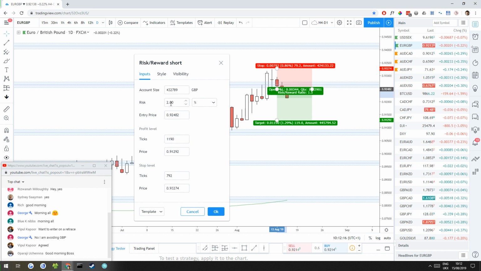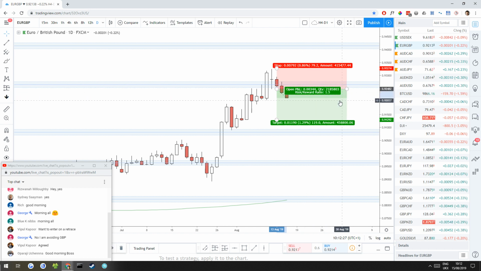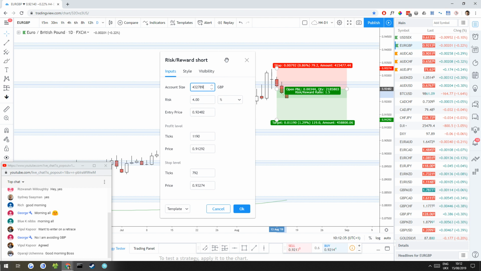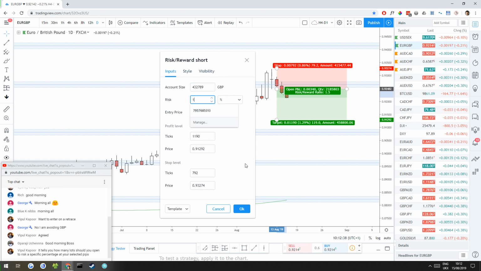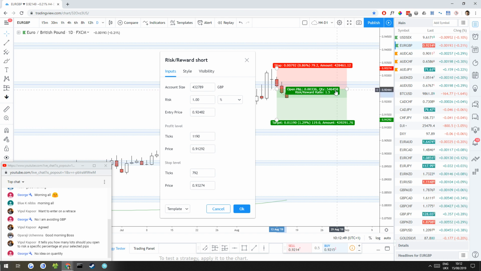Oh, it's not awesome. It's pointless. It changes something here. What is that? I can't even see it. It changes quantity. I don't even know what that means. Does anyone know what that means? Can anyone enlighten me? Am I being a bit stupid here? I'm pretty sure I don't need to open 546,450 lots. Where are the lots?